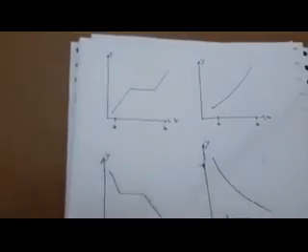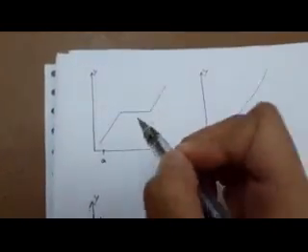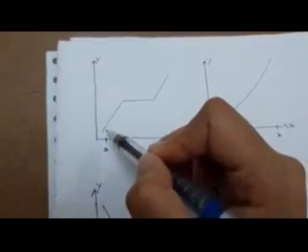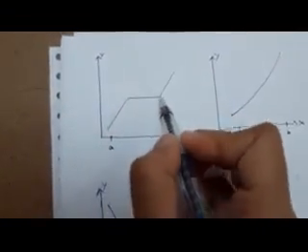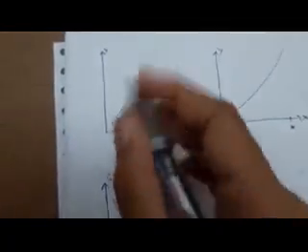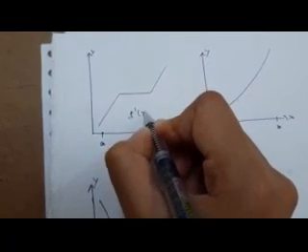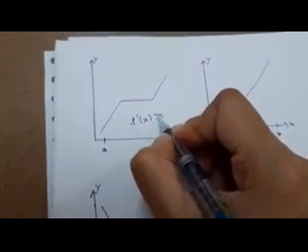Now let us briefly review what we have studied regarding increasing and decreasing functions. Within the interval a comma b, the function is increasing. In a certain part within a comma b, the function is constant and then again increasing. So within the interval a comma b, f dash of x is greater than or equal to 0.